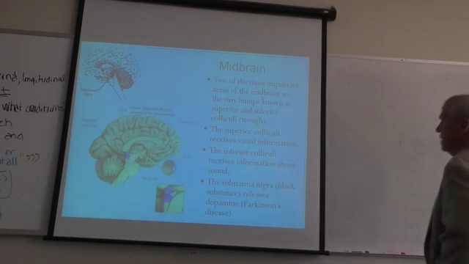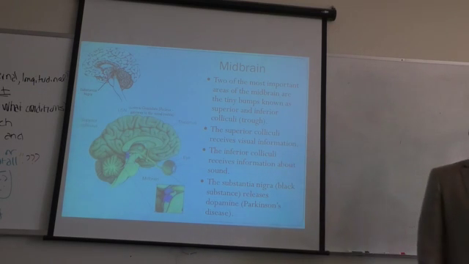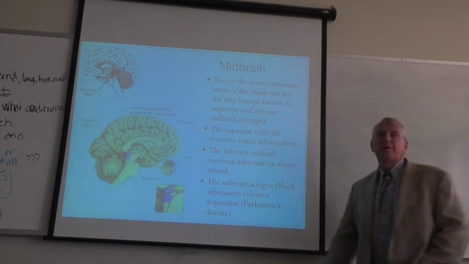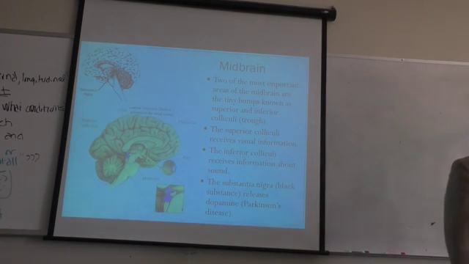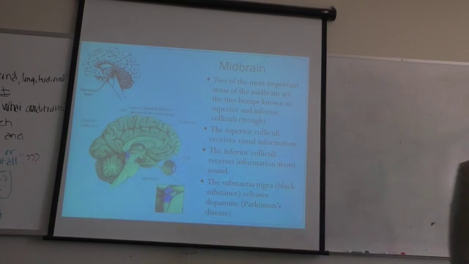The substantia nigra, the black substance, releases dopamine. And of course, if the substantia nigra isn't pumping out enough dopamine, the individual stops functioning properly. The way they stop functioning is they start forgetting things and they have problems moving. They get what is called Parkinsonian symptoms, or Parkinson's disease.